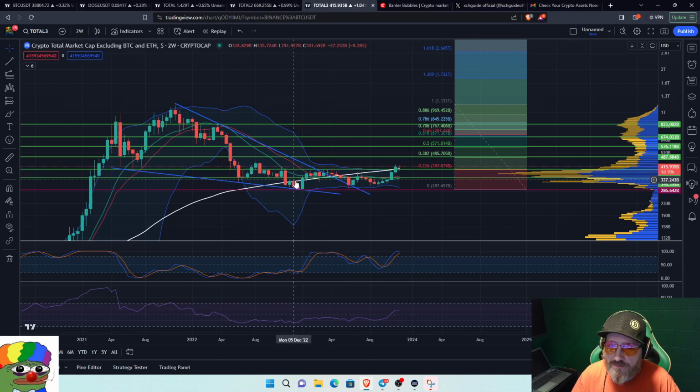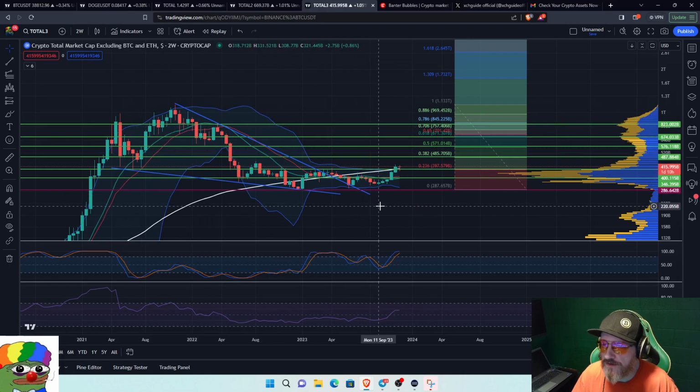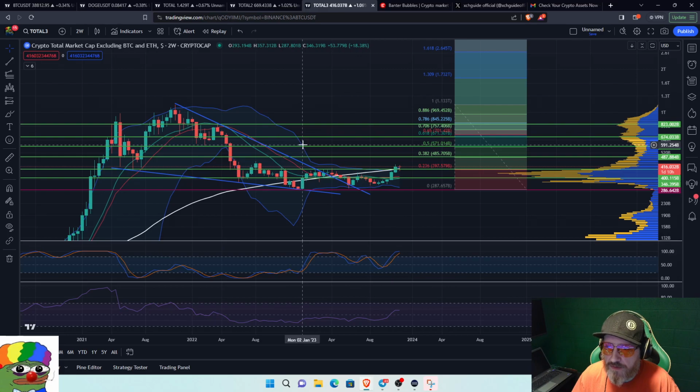Realistically, if you haven't been averaging in to these areas and you're holding a bag that you bought up here and you're down 50, 60, 80, 90% versus the price you bought in at, you should start to average in on that bag if you plan on holding it for the bull run.